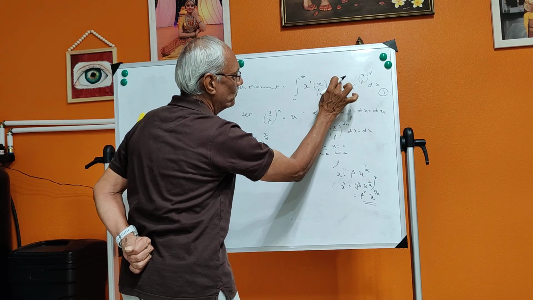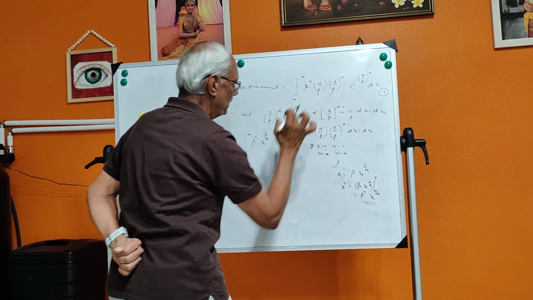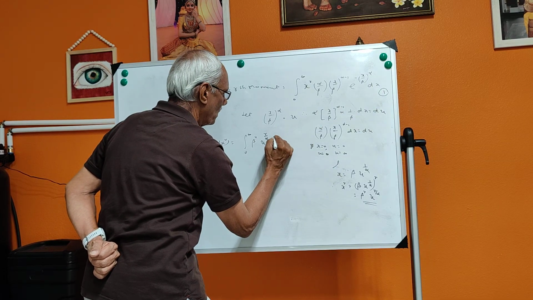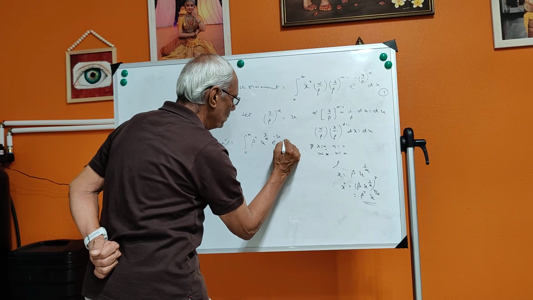And (x by beta) to the power of alpha minus 1 into dx is nothing but du, and in this place I will write e to the power of minus u into du.